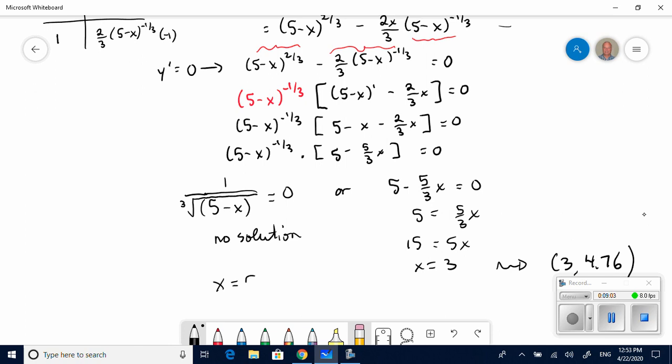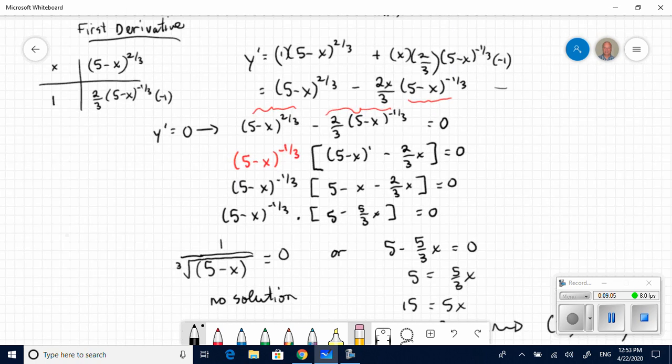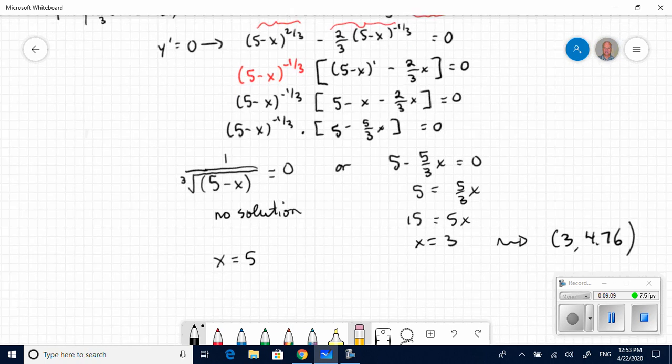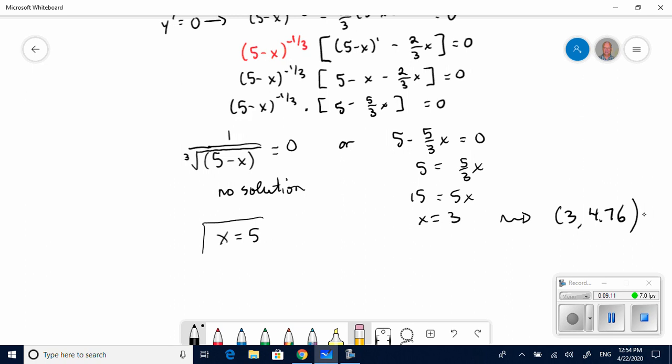But I want to talk about x equals 5 now. In this expression, I'm dividing by this root. So this root, 5 minus x, and x equals 3 are points I want to check. This one's a critical point that I want to check.